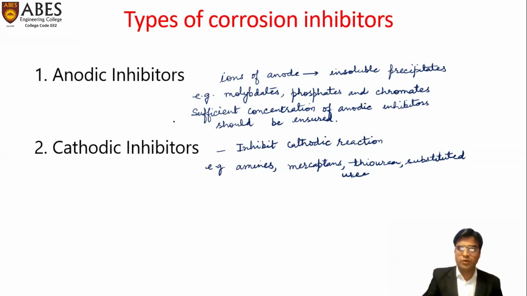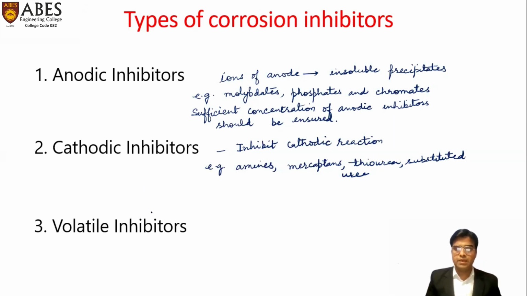The third category of corrosion inhibitors are volatile inhibitors. Here also, the name itself suggests that these inhibitors have the tendency to sublime. They can easily sublime and form a protective layer on the surface of the metal. These are also called the vapor phase inhibitors.